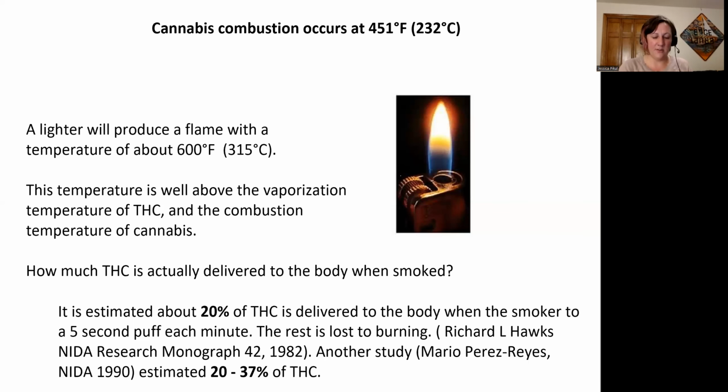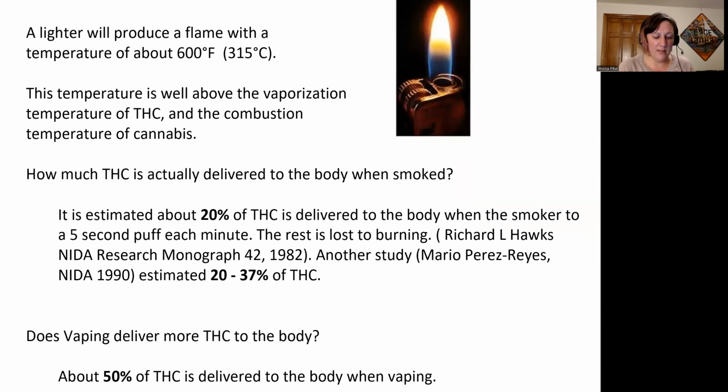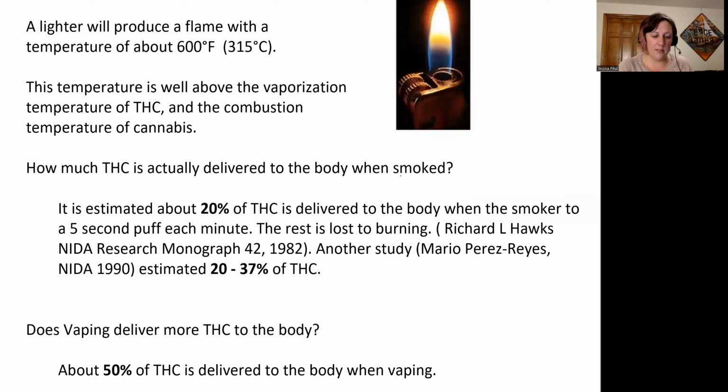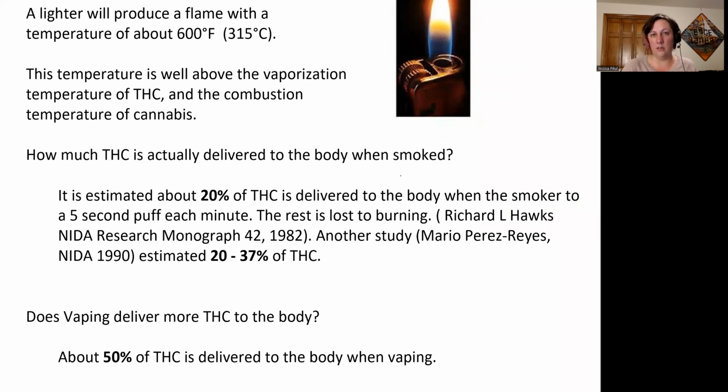So I looked into this because I got curious. I was like, well, how much THC really enters into the body when you're smoking it versus when it's being vaporized? And some studies around 1982, and another one in 1990, came up with somewhat similar results: that when smoking through a joint specifically, about 20% to 37% of the THC present in the plant was then found in the bloodstream of the user, right?